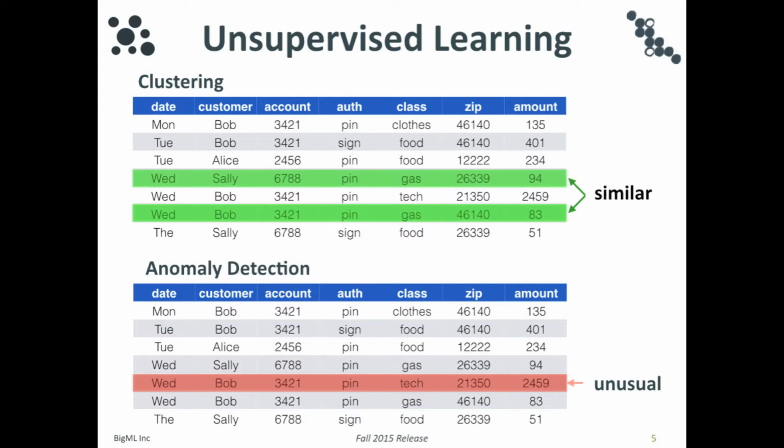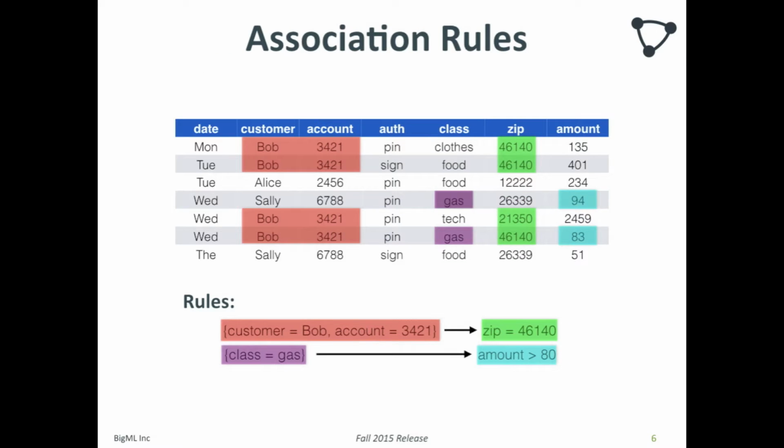Now let's look at this same data with the idea of association discovery. The first thing to notice is that we do away with considering rows atomically. That is, we look for associations between features inside each row. In the highlighted examples, we see that Bob has made several purchases on his account number 3421 in zip 46140.